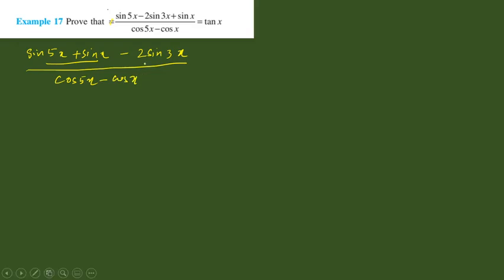I'm going to apply the formula for sin 5x + sin x, that is 2 sin((5+1)x/2), which is 6x/2, and then cos((5−1)x/2), which is 4x/2, and −2 sin 3x is as it is.